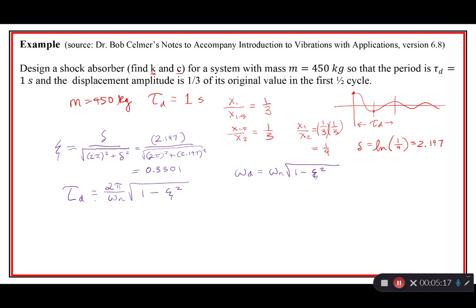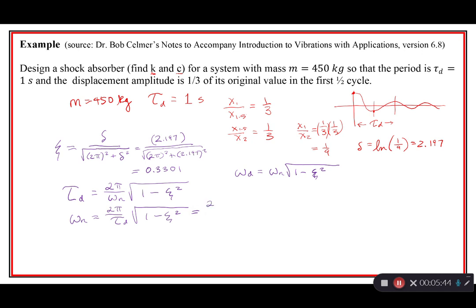So what we've just done over here is divide by 2 pi to get the damped natural frequency, then we took 1 over it for the period. So now we can work this equation backwards and get the natural frequency by swapping these out, tau d and 1 minus squiggle squared.